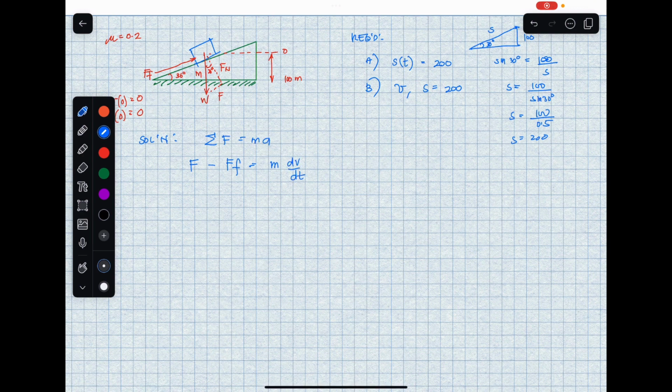For our force, we can use this 30 degrees triangle.